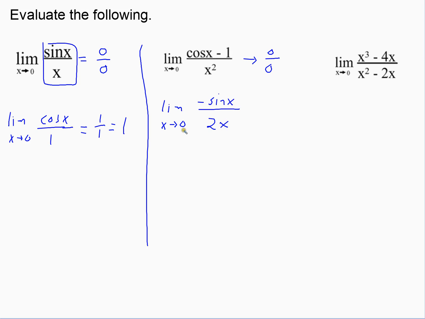And now we'll put 0 in here. Well, we still have an indeterminate form. This gives us negative 0, which is 0, over 2 times 0, which is 0.